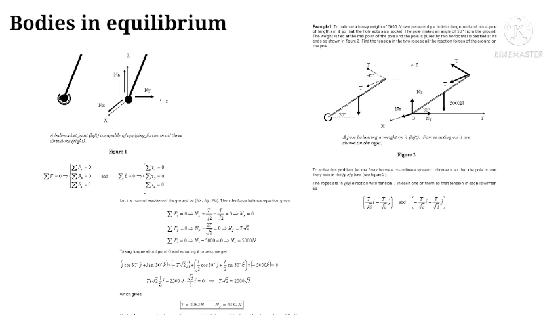The summation of Fz equals 0 equals Nz minus 500 equals 0. That is why Nz equals 500.